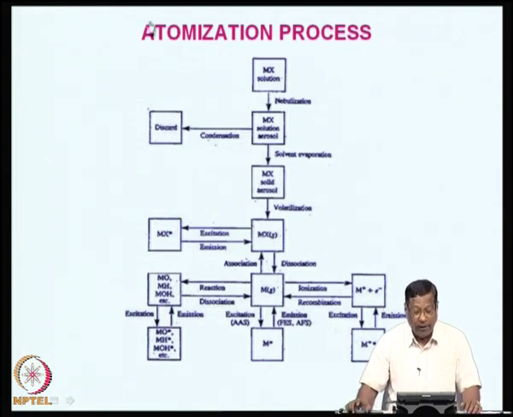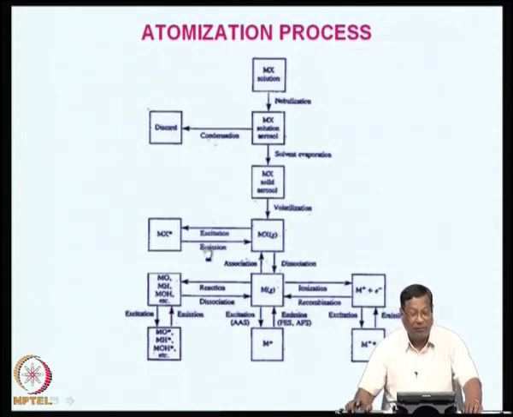Now, this process is not good enough for our atomic absorption. We need the atoms, not the salts. So, these salts will decompose, and the decomposition is again an equilibrium process.